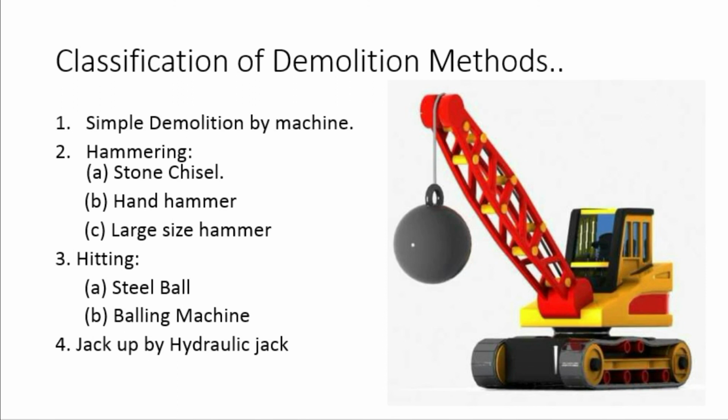Or here you can see a machine called a wrecking ball machine. This ball is used for demolition purposes also. It is classified in the whipping category. Jack up by hydraulic jacks. So here are the four classifications of demolition methods.